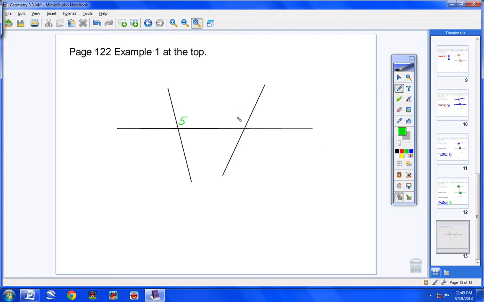And then put a 6 here. You know, so a lot of you can see, okay, here's my 2 lines that are being intersected. Here's one line. Here's the other line. Here's the transversal. And you can still see that these 2 angles here and these 2 angles here are on the interior, and that's fine. Whatever helps you, okay? But these 2 angles are definitely on the interior, and they're on the same side, so we call them consecutive interior angles, or this book uses another phrase, same side interior angles, okay?